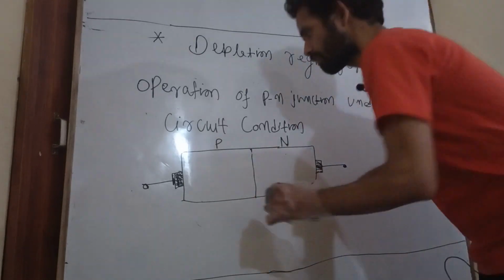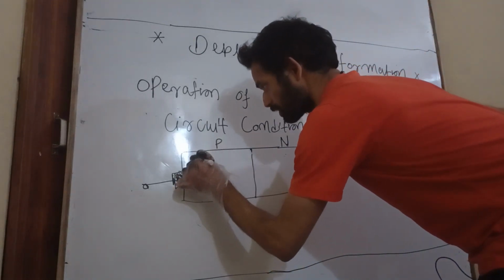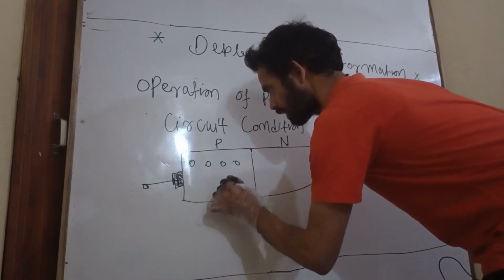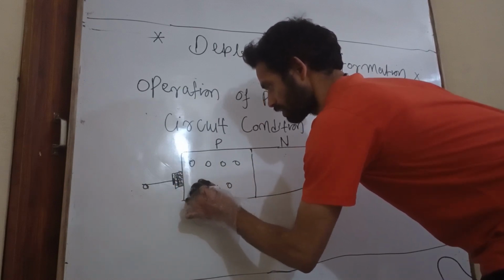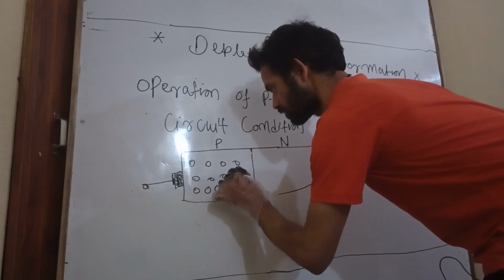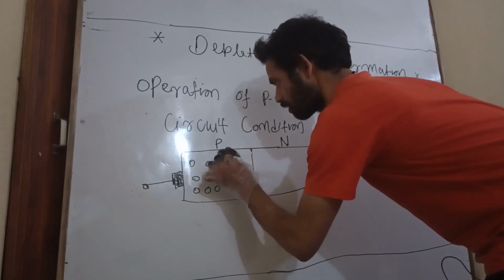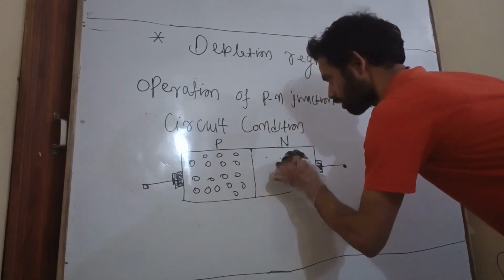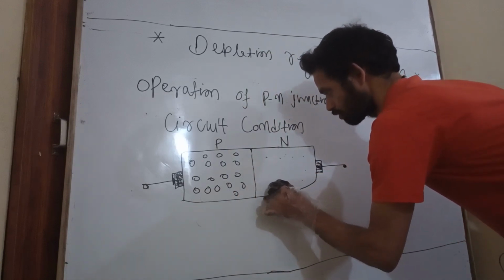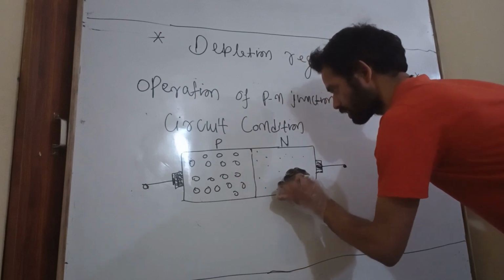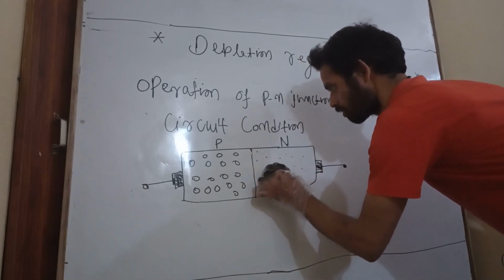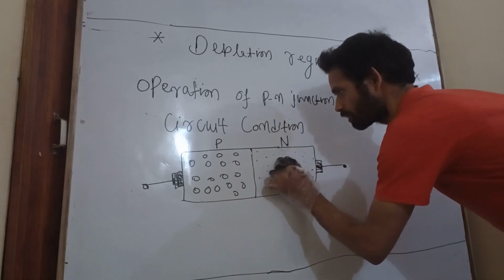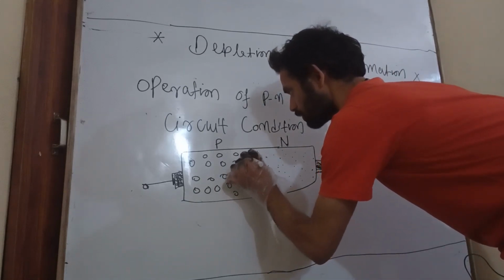If we see here at the P side, there are a lot of holes. These holes are the majority charge carriers. And here are a lot of electrons, so these electrons are the majority charge carriers on the N side: electrons on the N side, and holes on the P side.